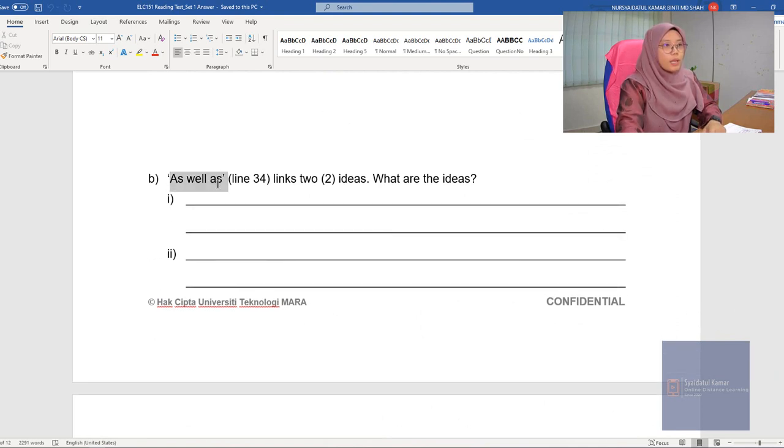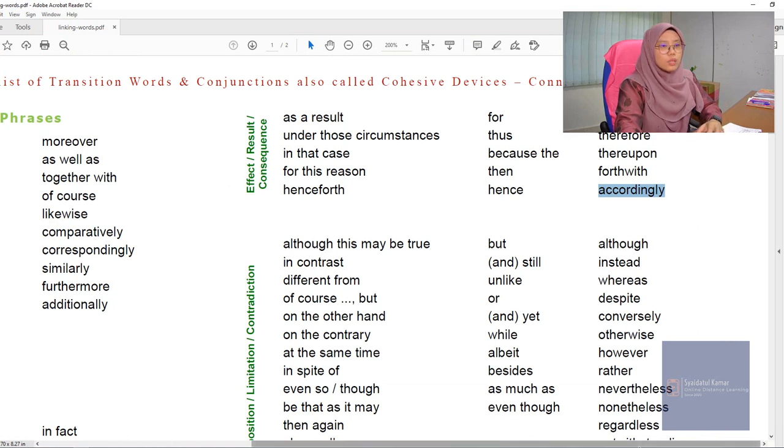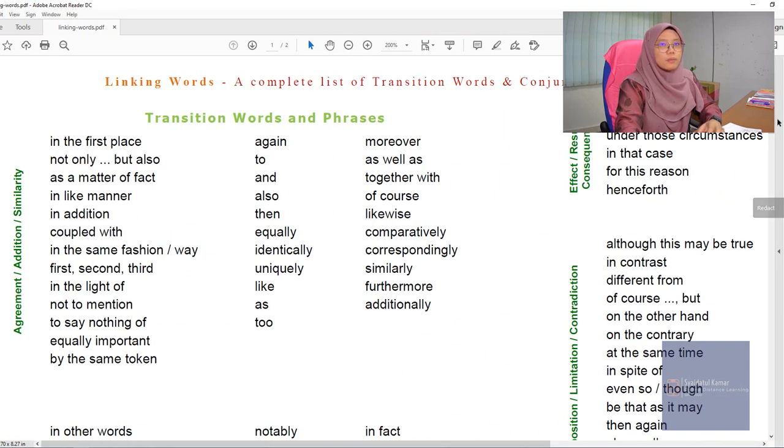The phrase "as well as" links two ideas. What are the ideas? So, as well as, what does it mean? What is the function of "as well as"? According to the article here, "as well as" means to give addition.